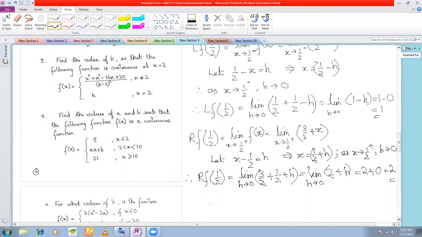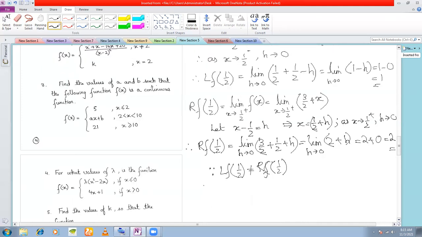Since LHL f(half) is not equal to RHL f(half), therefore f(x) is discontinuous at x equal to half.